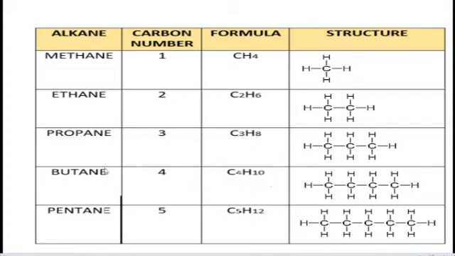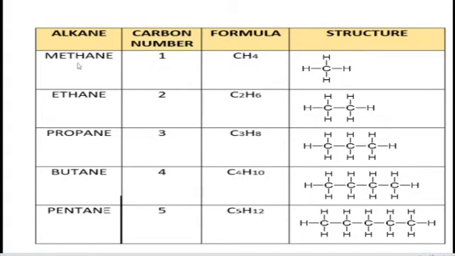Here C4H10, that is butane: 4 carbon atoms combined with 4 plus 4, 8, and then 2, 10 hydrogen atoms. Then C5H12, 5 carbon atoms combined with 5 plus 5, 10, and then 2, 12 hydrogen atoms. This is pentane.